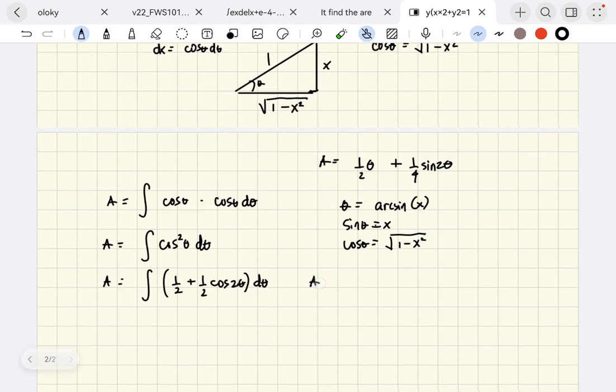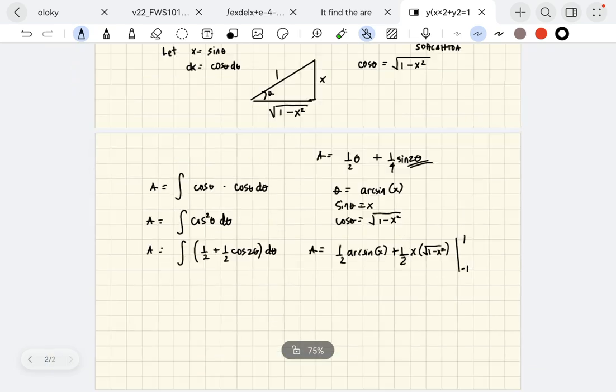So this would become the area: 1/2 arc sine of x. I can use the double angle identity here, so this would become plus 1/2 sine theta cosine theta, which is just x times square root of 1 minus x squared, evaluated from -1 to 1.